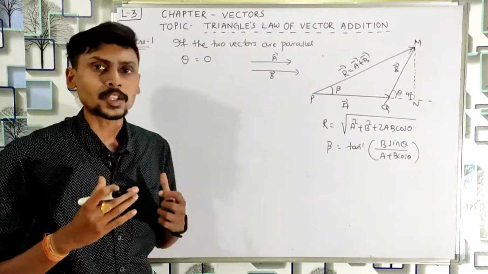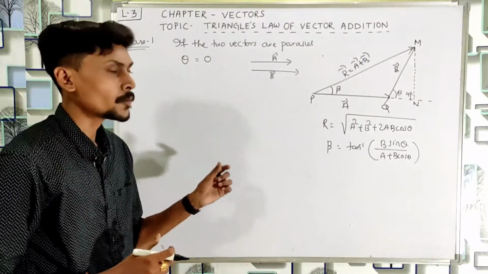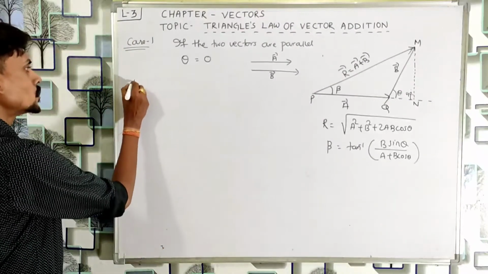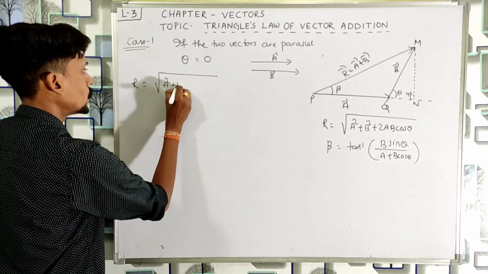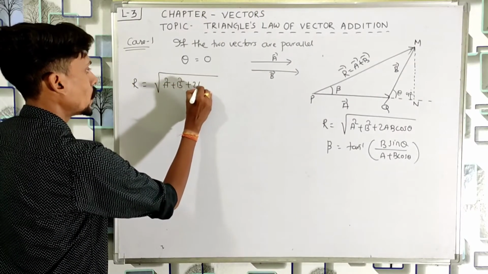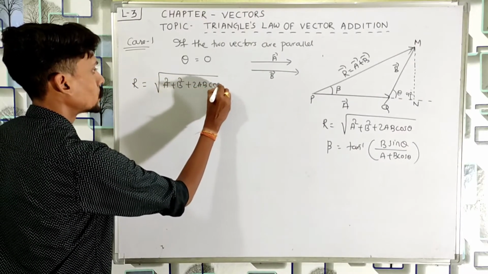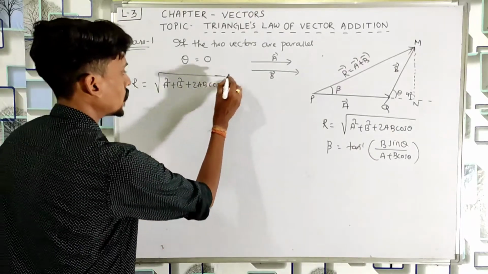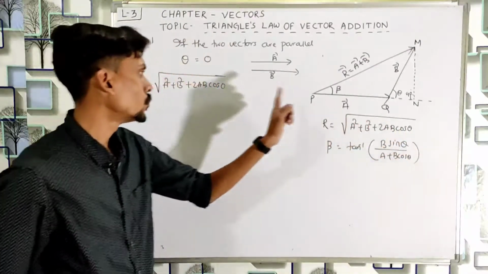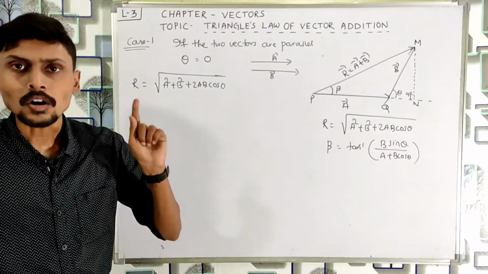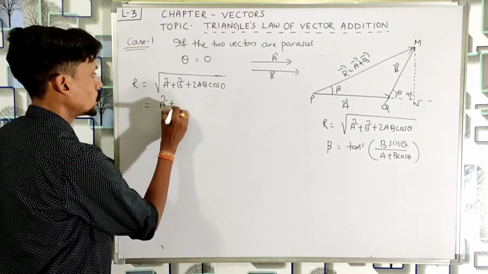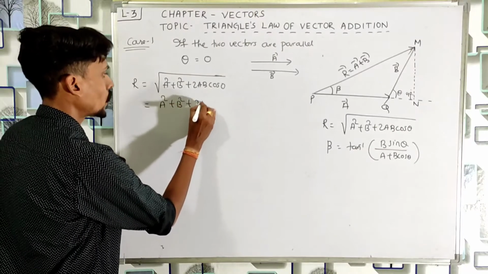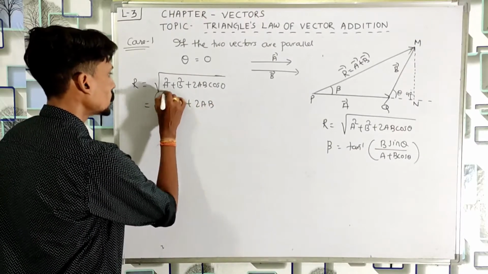So what will be the expression for the magnitude of resultant? R is equal to square root of A square plus B square plus 2AB cos 0. In place of theta you can put 0 and we know that cos 0 is 1, so it will be A square plus B square plus 2AB, square root.